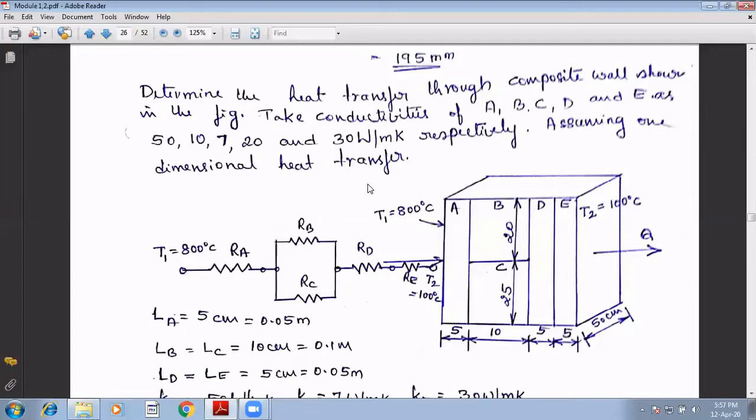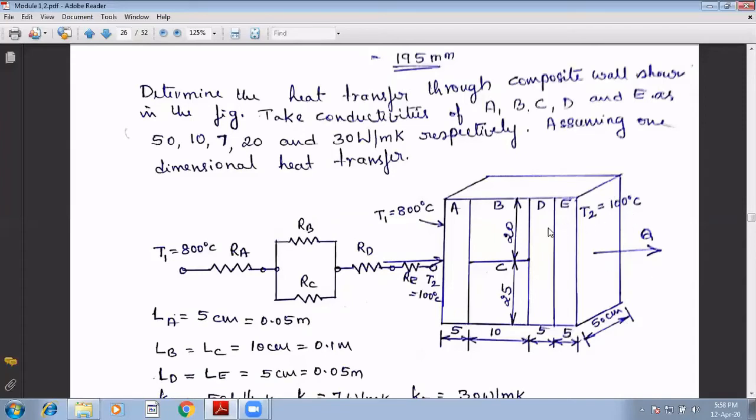So this is given. In the figure you can calculate the area. This is 50 centimeter. What could be this dimension? This dimension is nothing but the sum of 25 and 20, so 50 multiplied by 45.